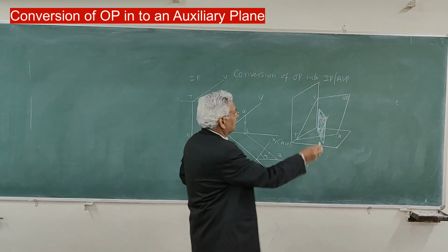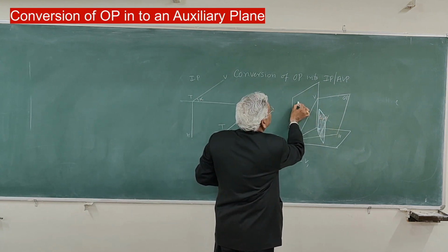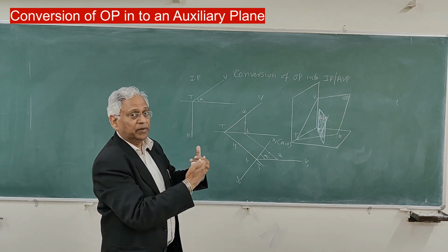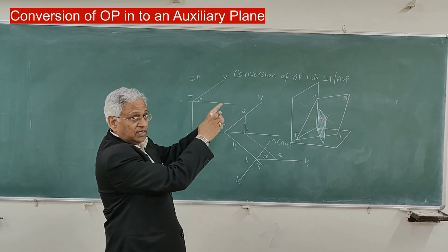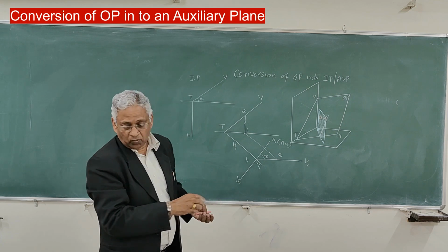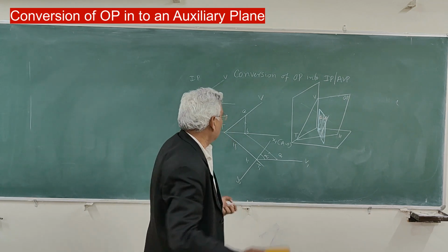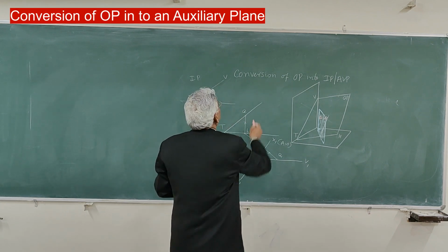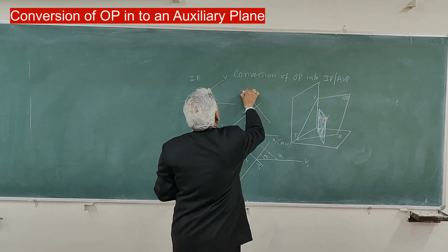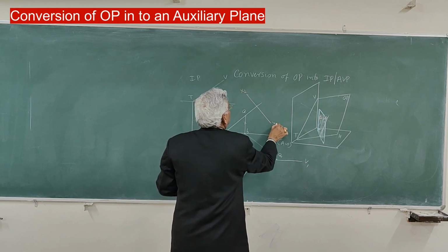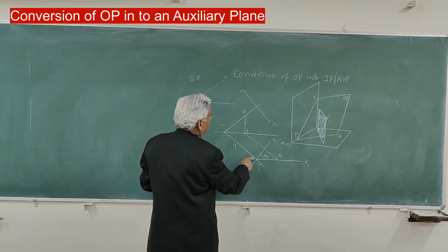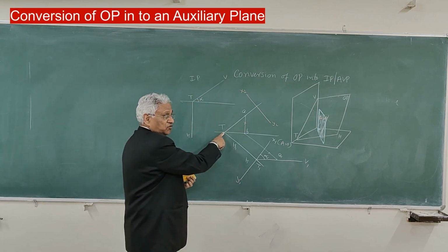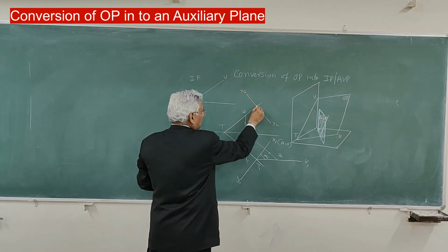Similarly, if you consider another plane which is perpendicular to this vertical trace, perpendicular to vertical plane, that will be inclined plane, and project horizontal trace on that, you can convert this into ABP also. So if you take a plane here x2y2, and project this horizontal trace on this plane, again let us say the first point is T on the ground line.